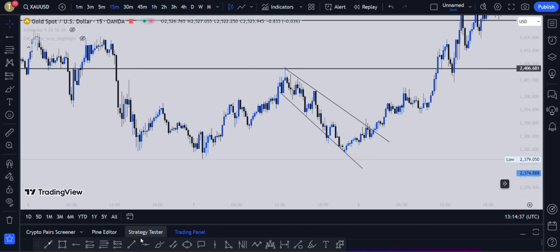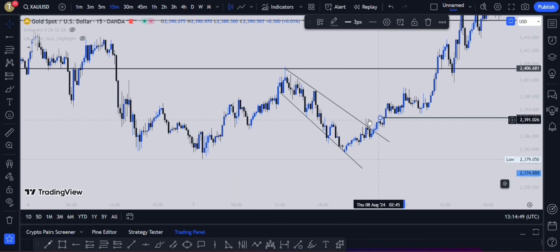Okay, so price has actually given us this break of structure here. They have broken through our channel, came back for a retest. This is where we will be taking our trades. So when this candlestick closes above the previous highs, we hop in and hold till we are comfortable.